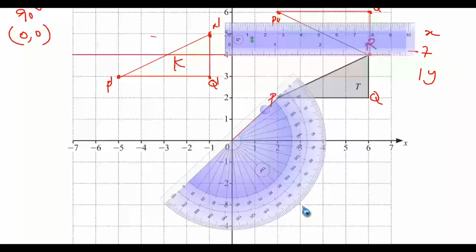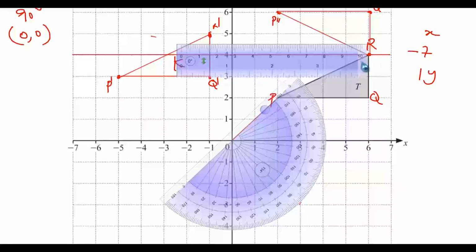Let me put the point there, but we need to know the length from the center of rotation to point P, so that is where we need to make use of this ruler. So I can reduce this ruler a little bit, okay, good.